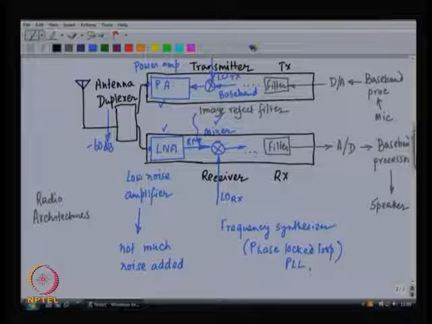Before that there is probably going to be a filter, before that D to A converter, baseband processor, maybe the signal is coming from a microphone. So, this is the transmit chain. Now, in this course we are going to discuss the power amplifier, the LNA, the mixer, and techniques for frequency synthesis.